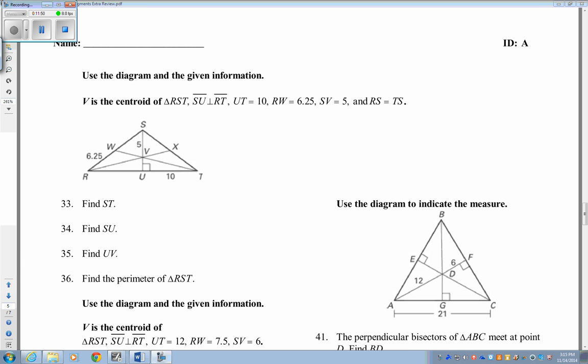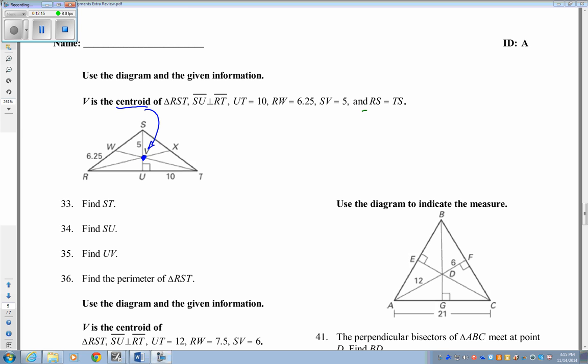Okay, on the back, they tell you what point of concurrency you're using in the diagram. It tells you that V is the centroid. Okay. So that is where that point V is your centroid. It also tells you that SU is perpendicular to RT. Then it says UT was 10, RW is 6.25, SV is 5, and RS equals TS.